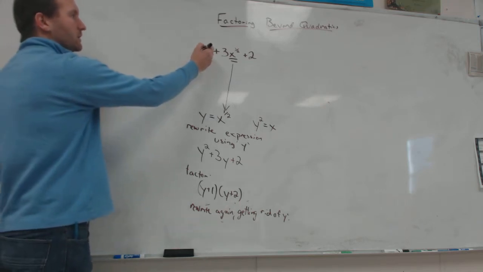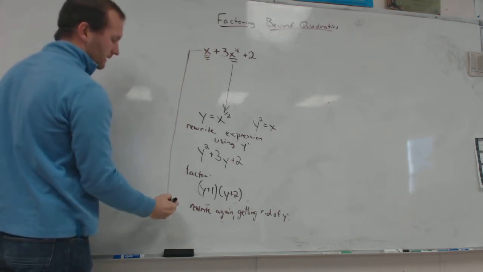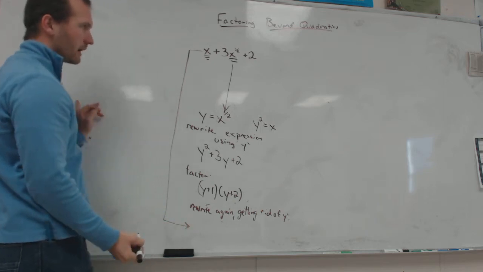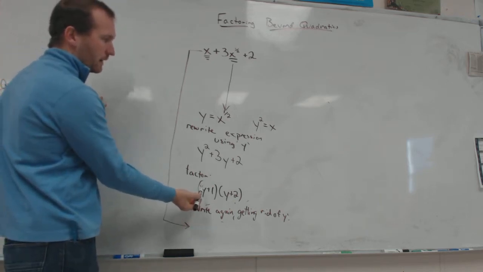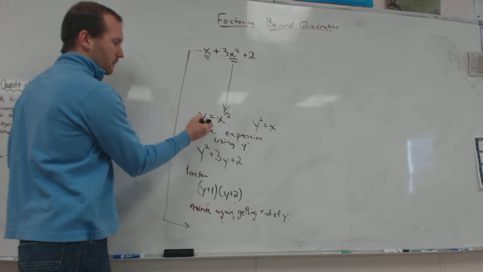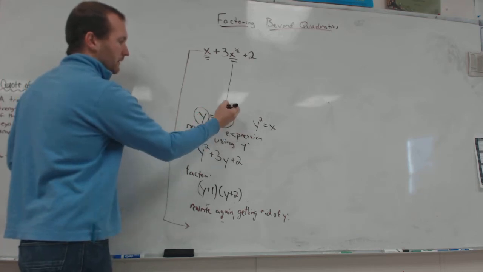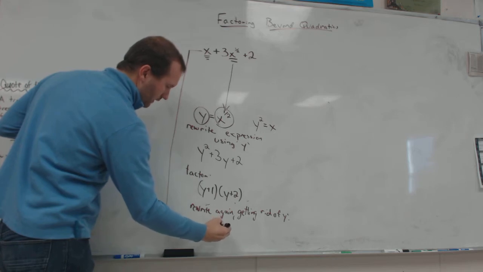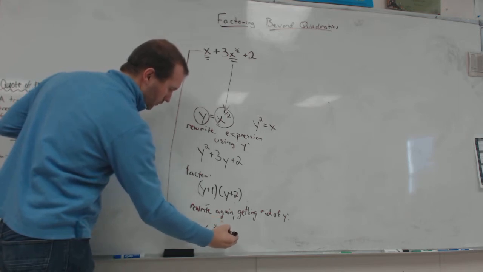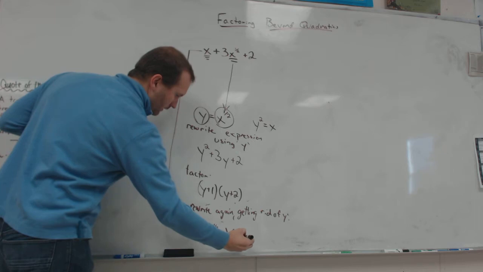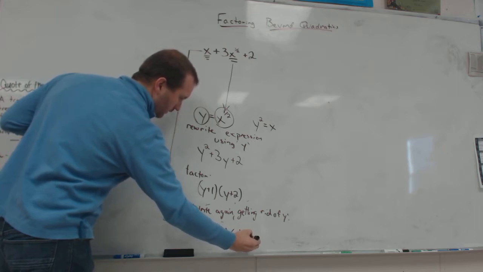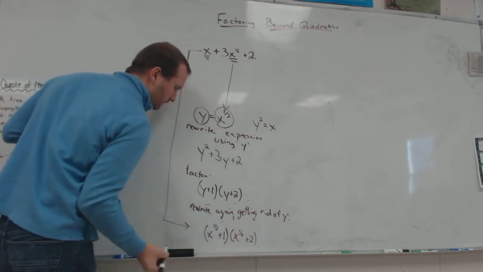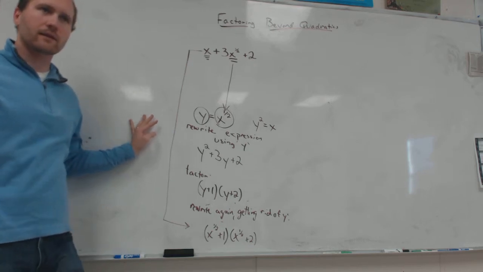But our original expression has no y's. So now we want to rewrite that using x instead of y, remembering that y is x to the 1/2. And so this would be x to the 1/2 plus 1 times x to the 1/2 plus 2. And then you're done.